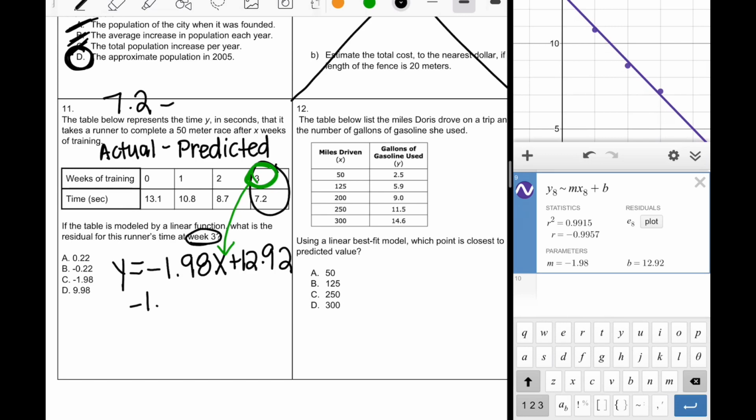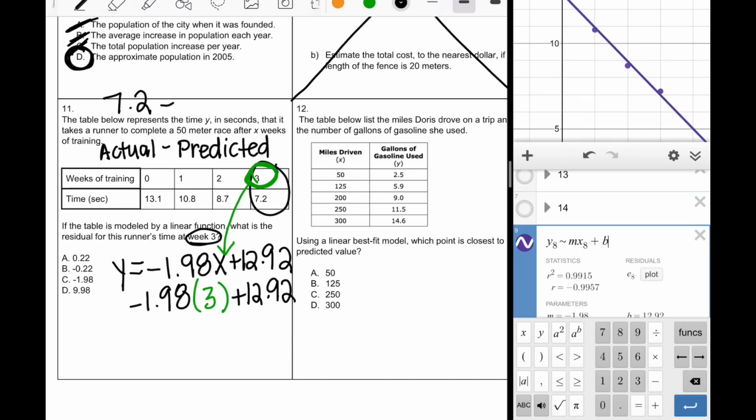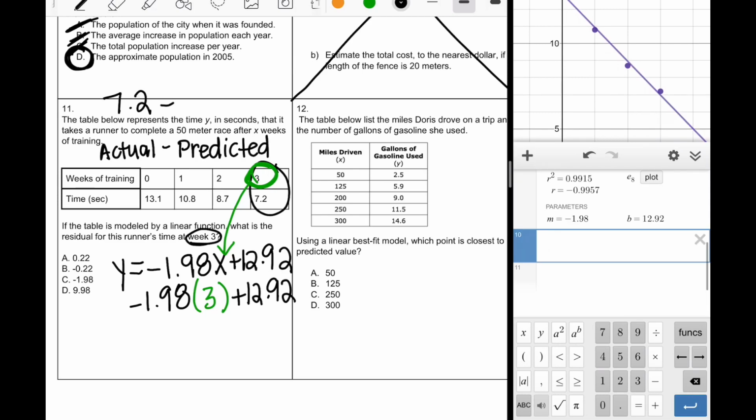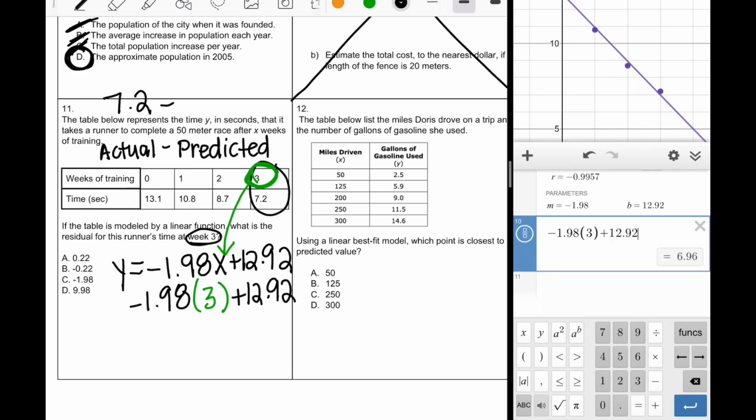So I have negative 1.98 times week 3 plus 12.92, and we get 6.98 as my predicted.